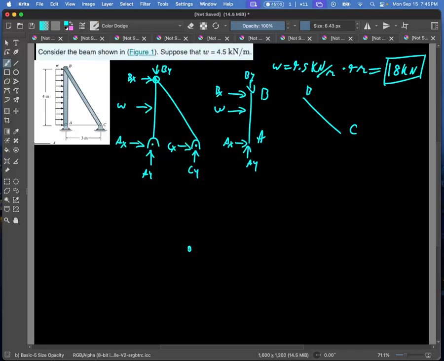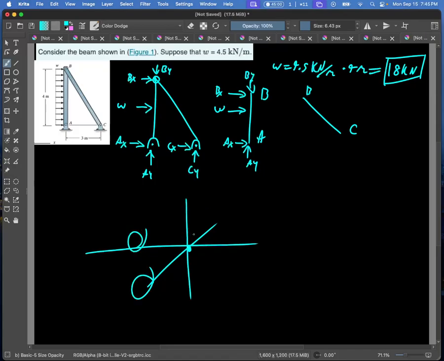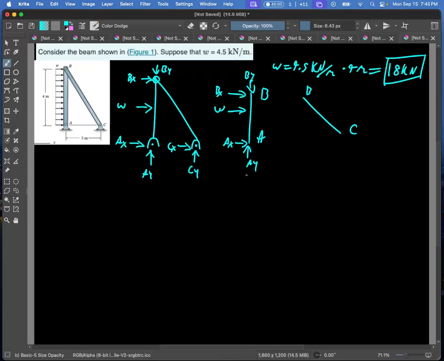Now, I believe if you have a moment about this point and anything crosses through it from any direction, then you can think of these as 0. So would BY then equal 0? Because it isn't twisting anything, so it must equal 0.